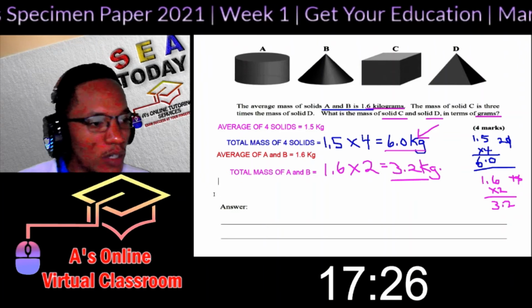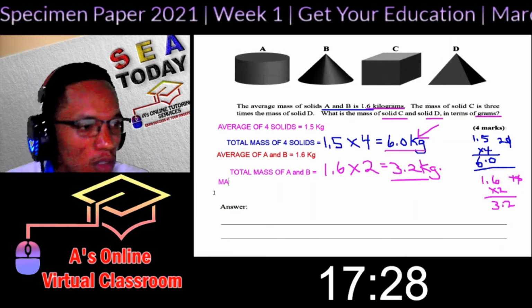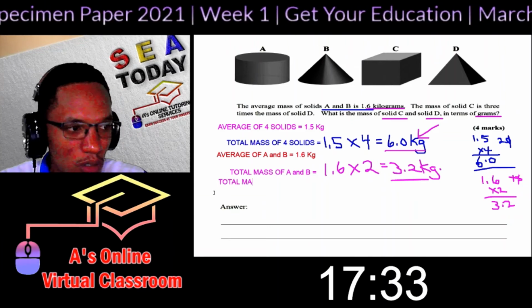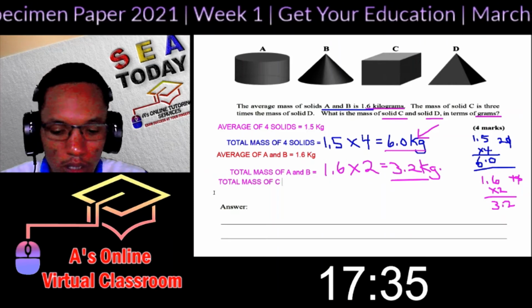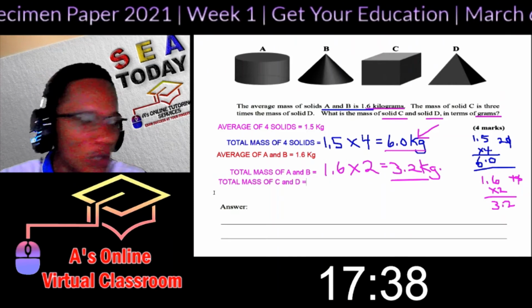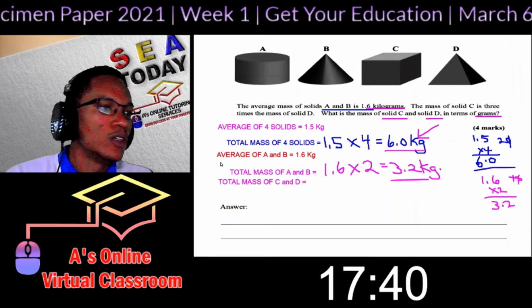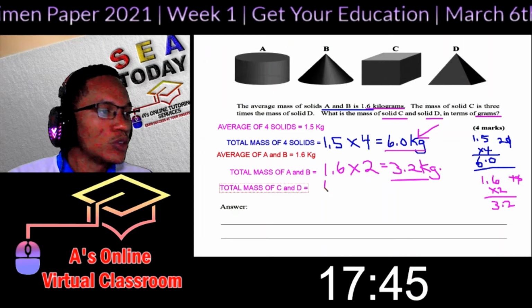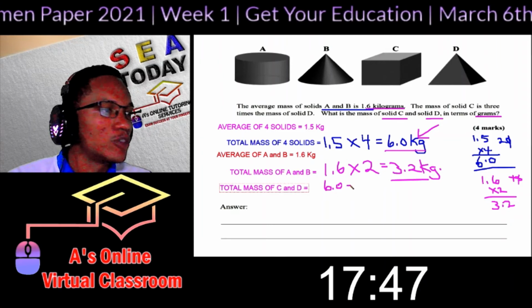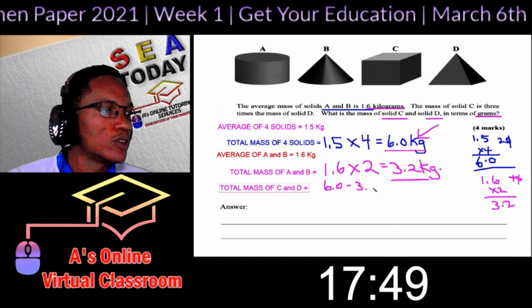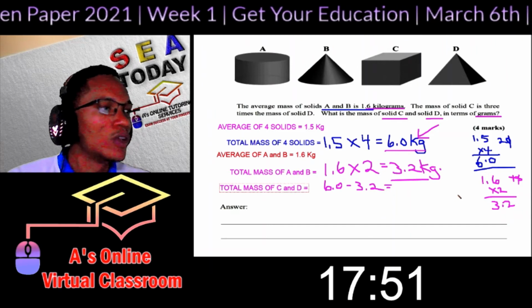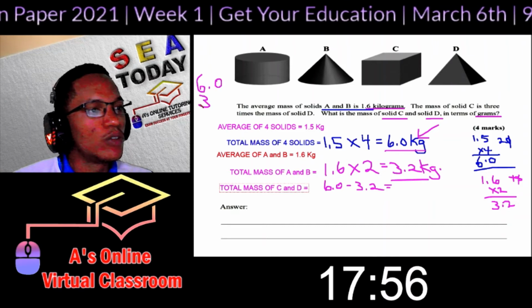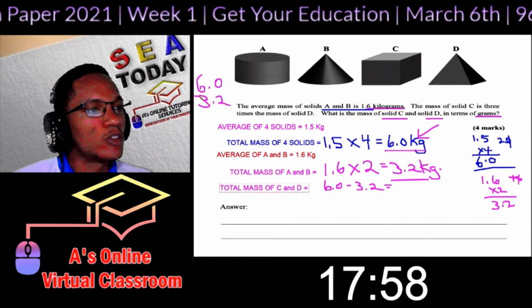So the total mass of C and D equals the total 6.0 subtract 3.2. We'll do that up here, 6.0 minus 3.2, and we're subtracting.